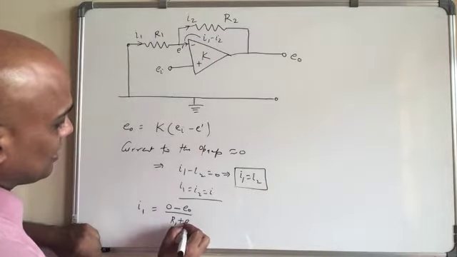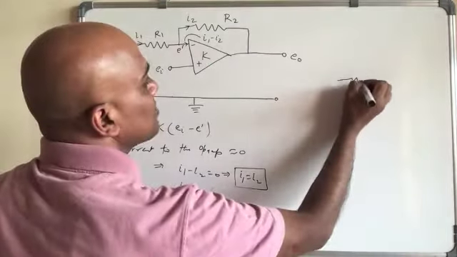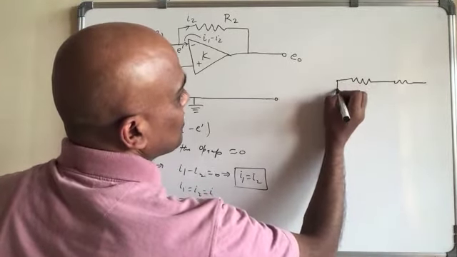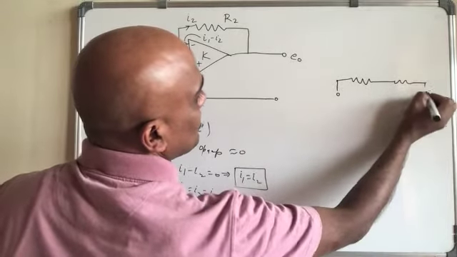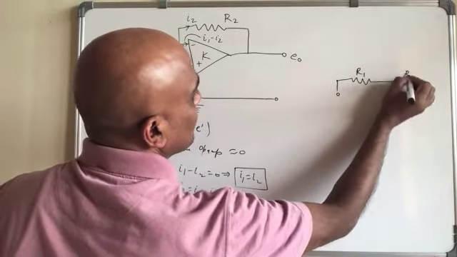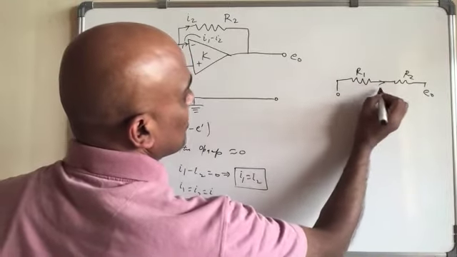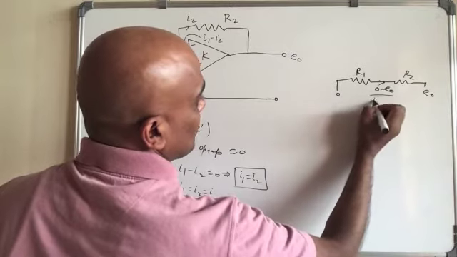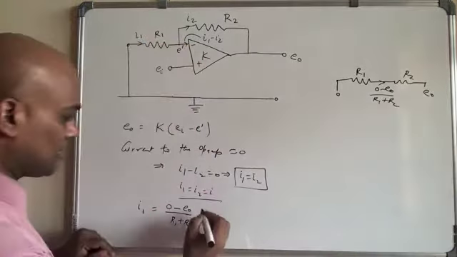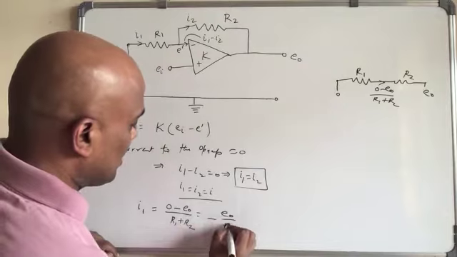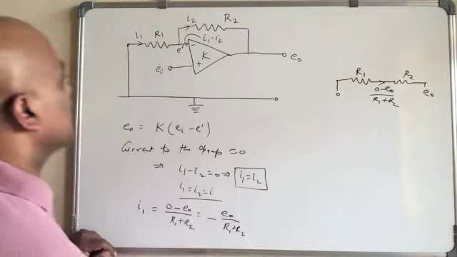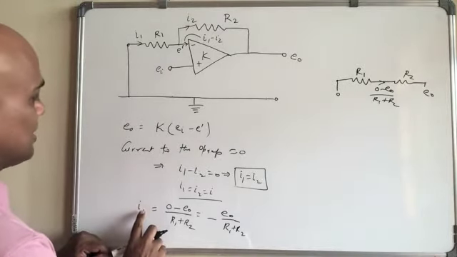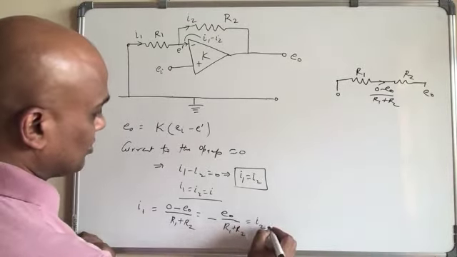So the circuit becomes simply like this: 0 here and E naught here, this is R1, this is R2. Hence the current will be 0 minus E naught divided by R1 plus R2, equal to minus E naught over R1 plus R2.